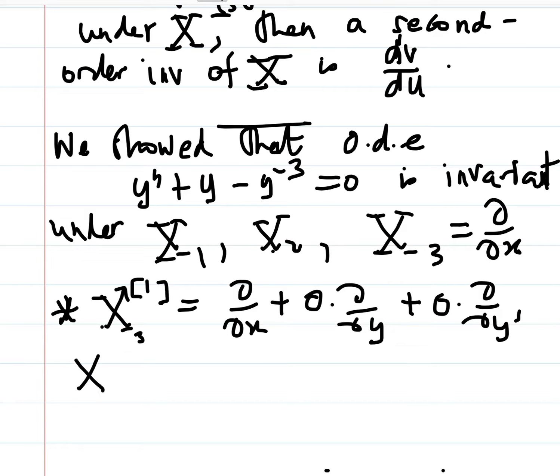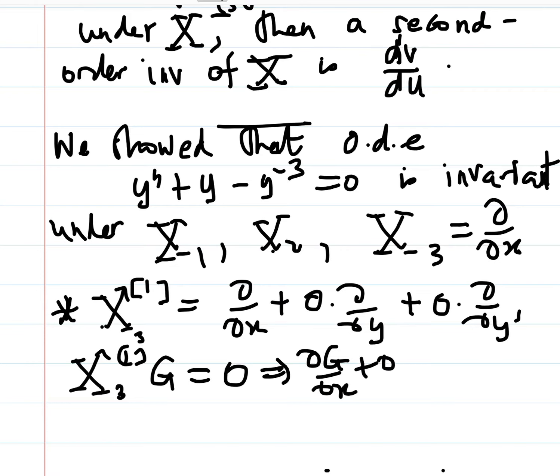So the functions g of x, y, y dashed that are invariant under X is equal to 0, and that implies that dg dx plus 0 dg dy plus 0 dg dy dashed is equal to 0.